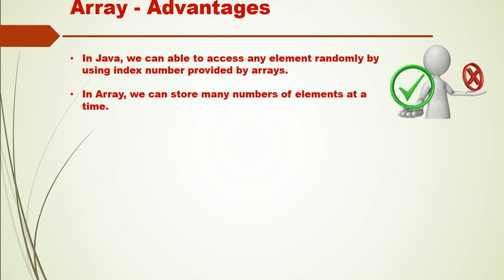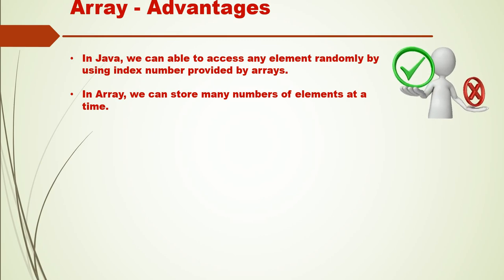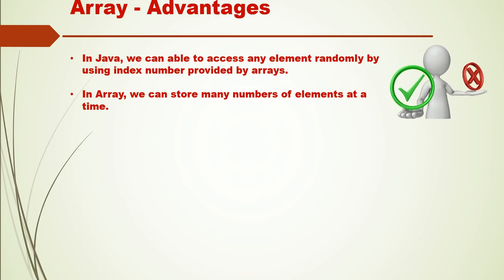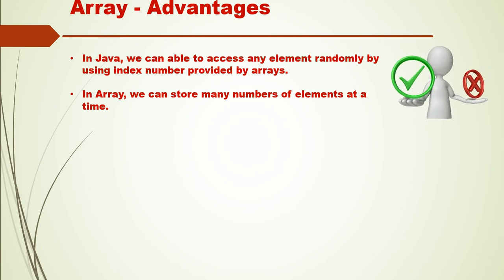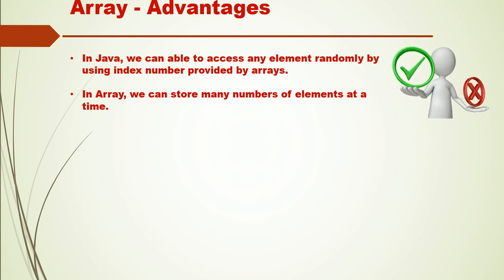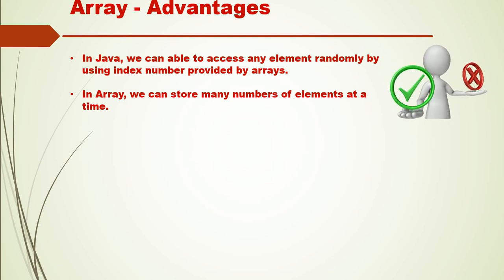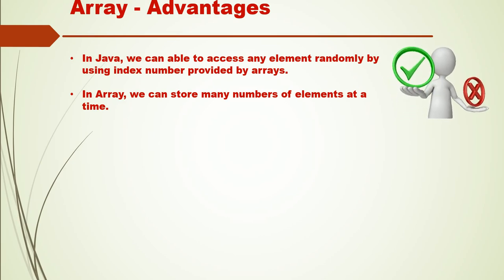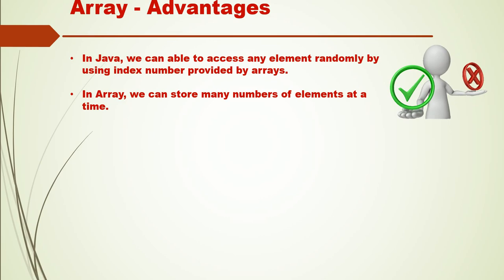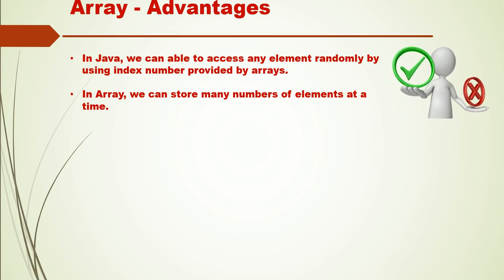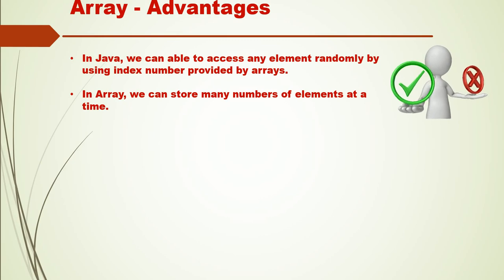So the main objective of an array is that you can store multiple elements at a time at one place, and you access each and every element with the help of the index number.